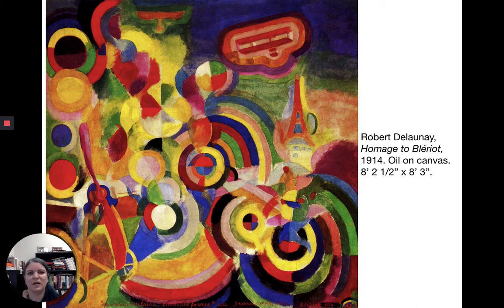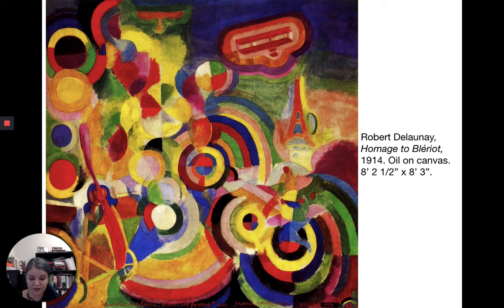So basically, Delaunay owes a lot to his wife, Sonia Delaunay. She's Russian. She's predominantly a textile artist, but she's very well versed in color theory and very interested in color. And so she helps him with all these color explorations and was very influential in his interest in incorporating color into portrayals of modern life, basically.